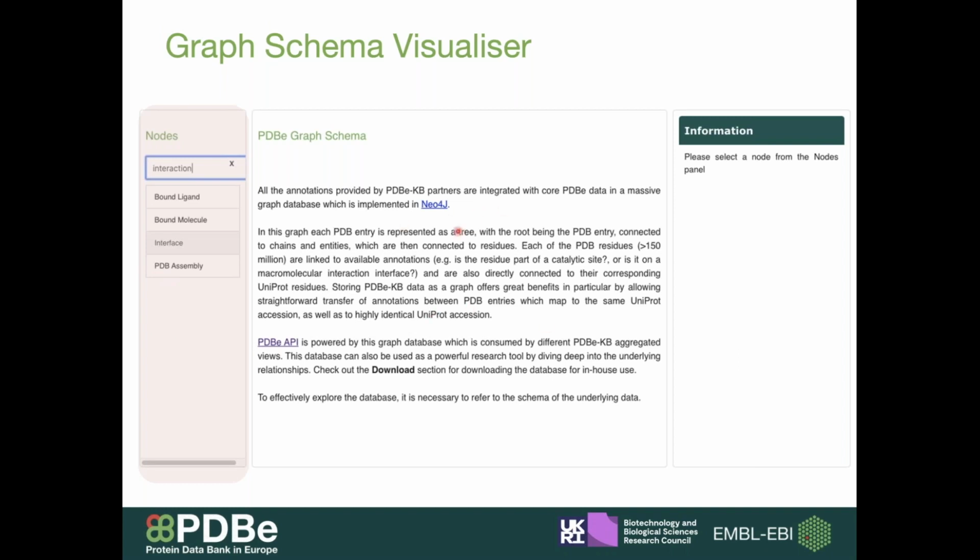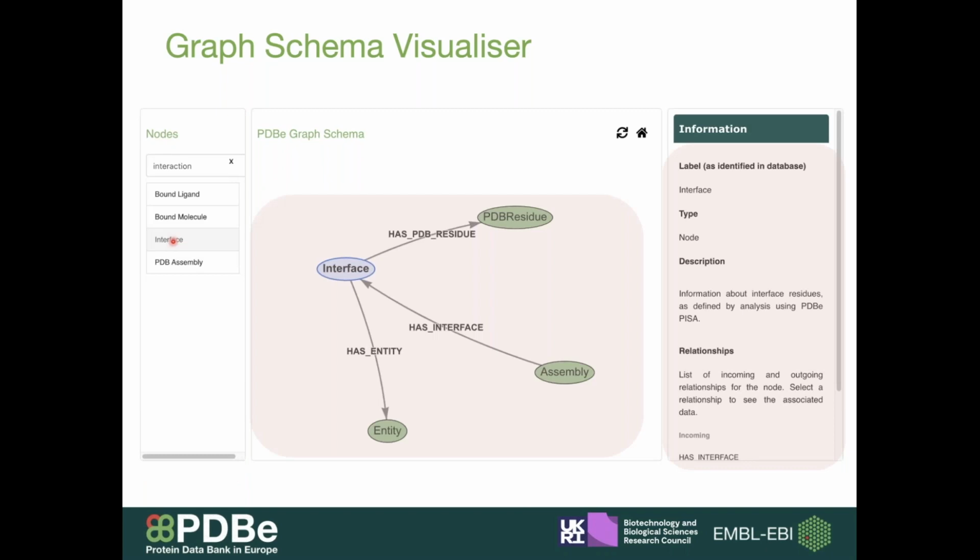For example, if the user is interested in interface, then click on interface, which will take you to this view. Now this loads the graph which is related to the selected interface node, which gives nodes directly linked to it, its outgoing and incoming relationships as well.